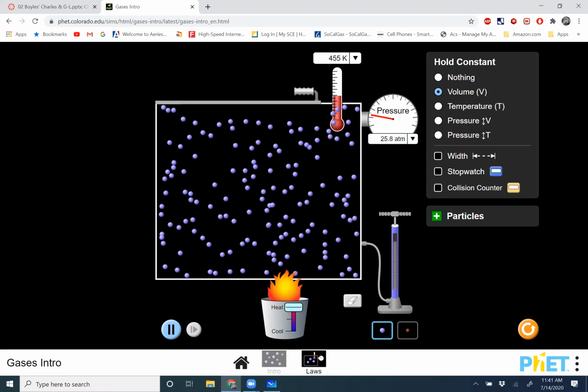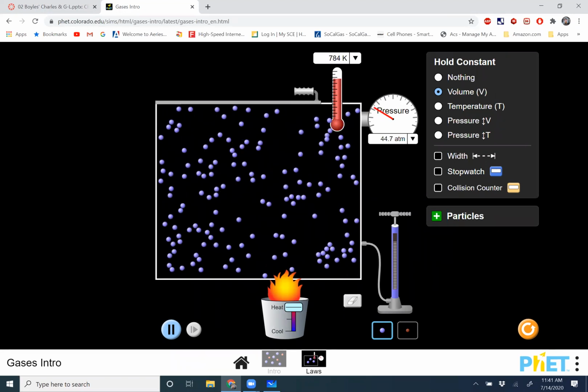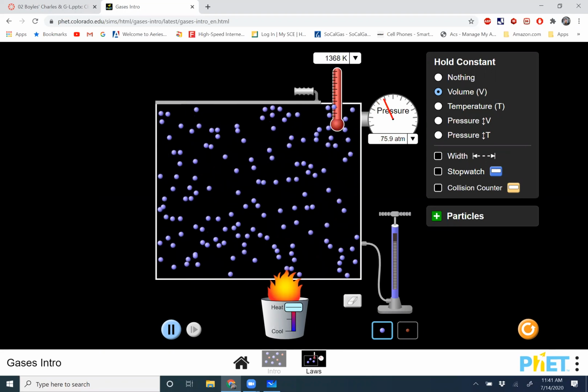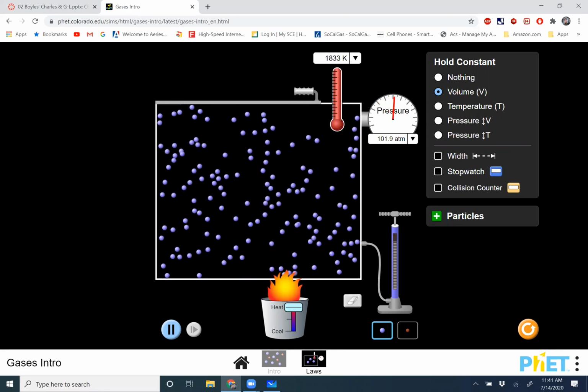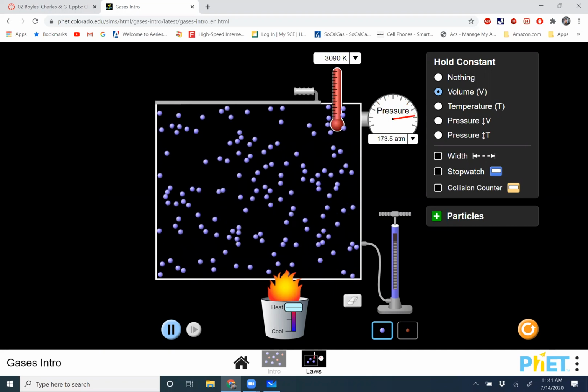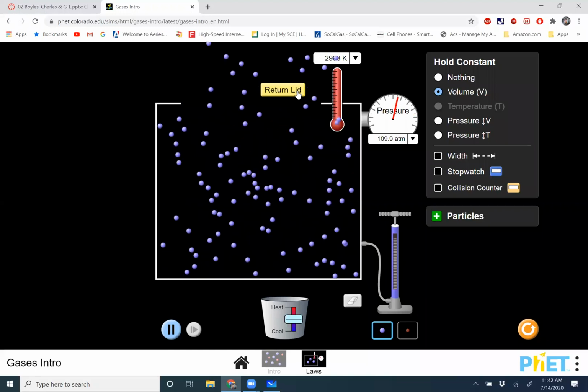The pressure is going up. So eventually, if we keep heating this up, we're going to cause the pressure inside this container to be so large that the container itself will fail. There it goes, it blows the lid off the top.